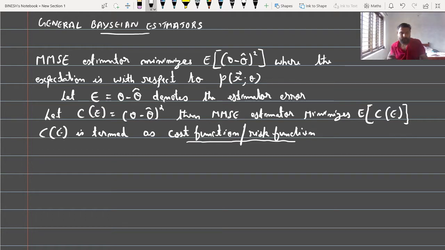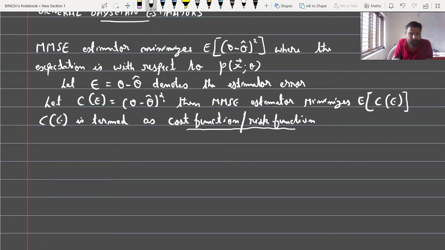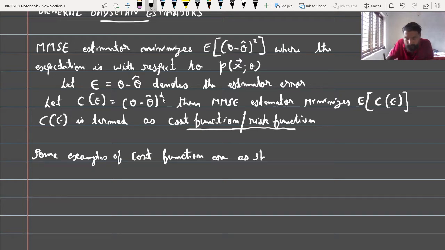I will give you some examples of cost functions, as shown in the figure below. I will draw that.